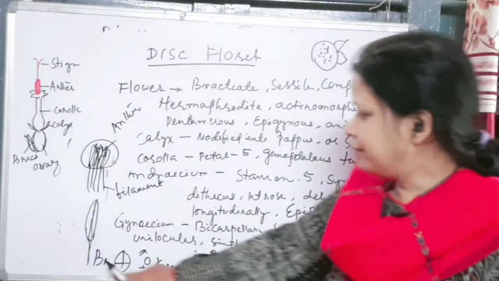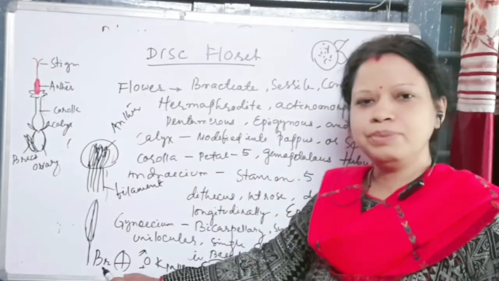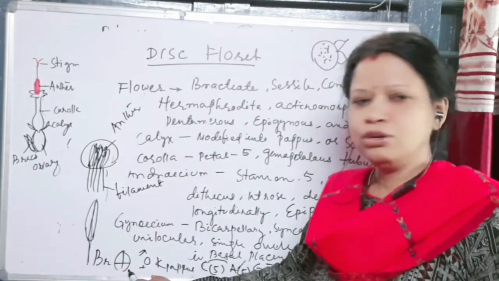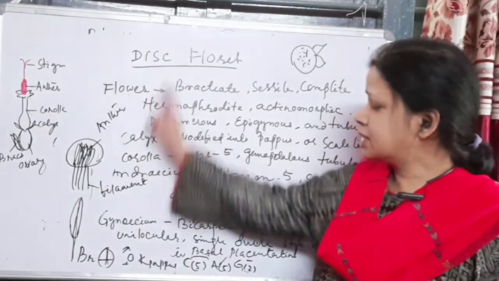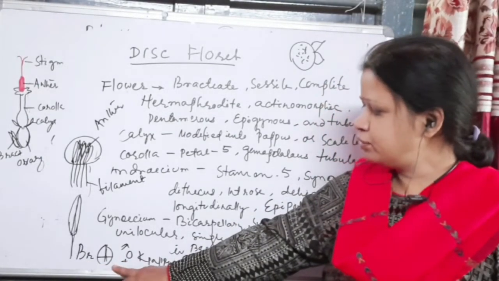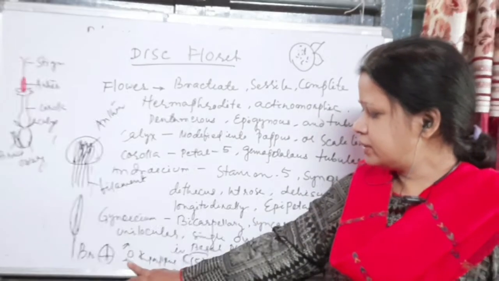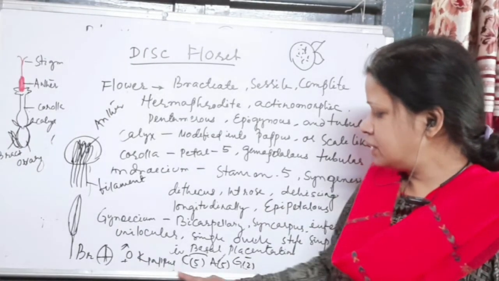Then this is the floral formula. Bracteate flower, so Br, it is an actinomorphic flower. So this is the floral formula of the disc floret. This is Br for bracteate, actinomorphic. Then bisexual sign. K, pappus, or calyx modified into pappus.